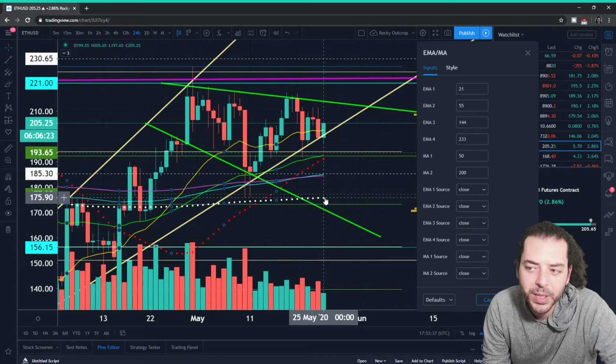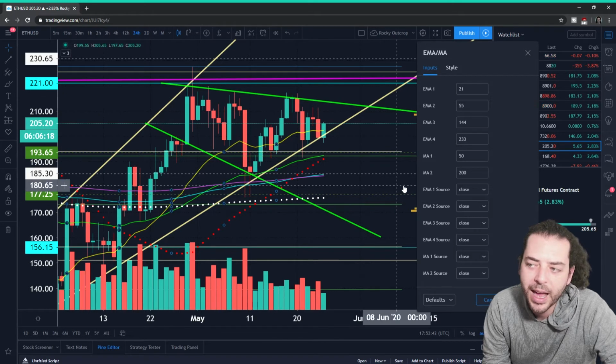Or indeed we could go all the way down and test the 200, and that would be the measured move off the back of this.